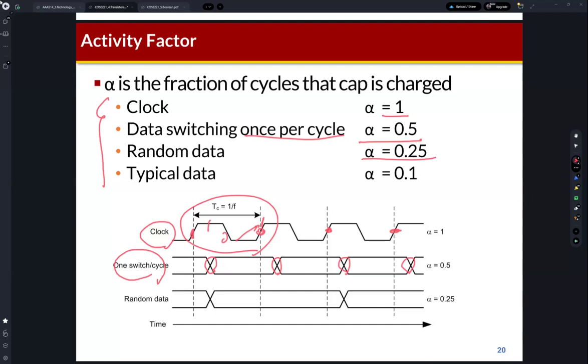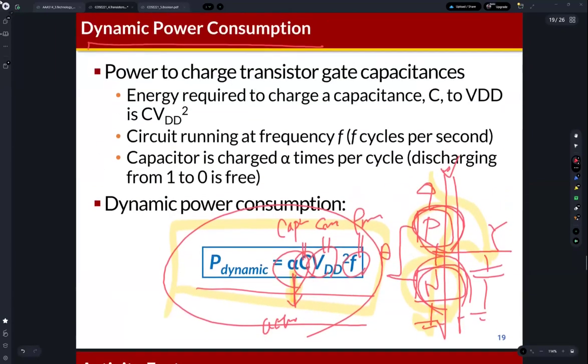And for typical data, we can observe that the activity factor is nearly 0.1. But if we just consider the dynamic power consumption, this activity factor is determined by a software or application.